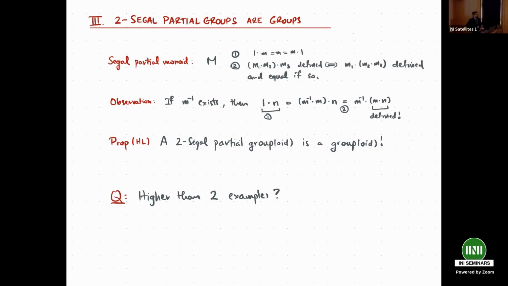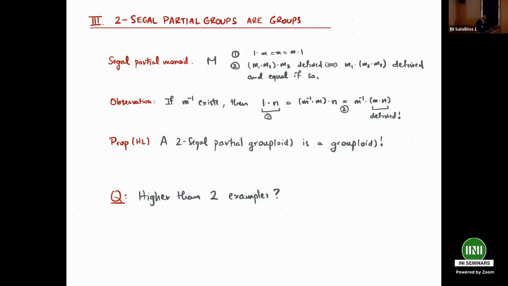But now suppose we have a Segal partial group. In other words, we have maybe a partially defined operation, but we have inverses for each element of our monoid. Well, in that case, 1 times n is defined, m inverse times m is defined. That's what it would mean for m to have an inverse, and then by 2 you can associate the other way, and you can get that mn is defined. So any two products of elements are defined, and so a Segal partial group is really just a group.